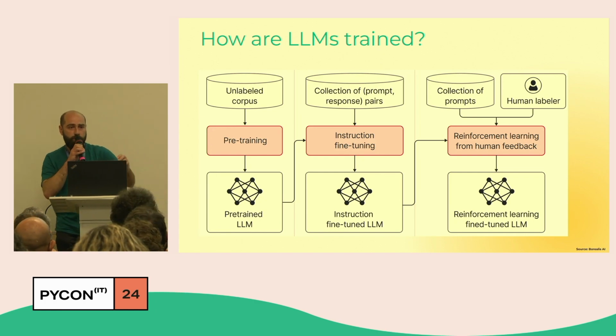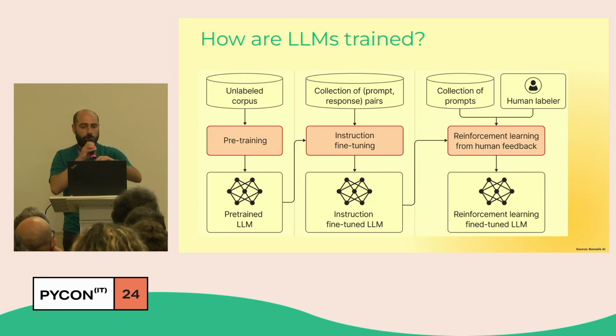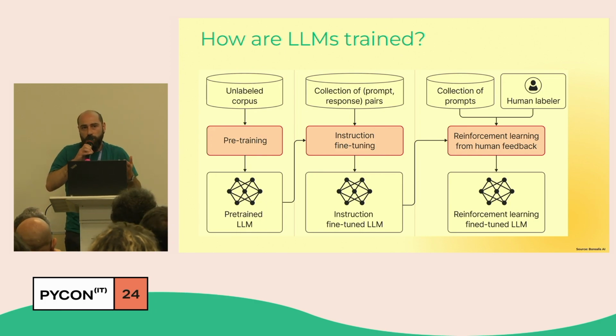The first step is the pre-training from a massive unlabeled corpus, and this phase is very costly, so only a few companies can afford it. At the end of the pre-training, you get a pre-trained model, which is not usable in the real world.